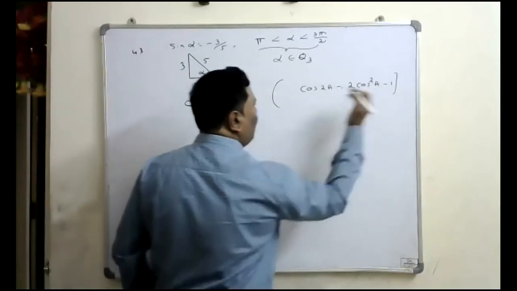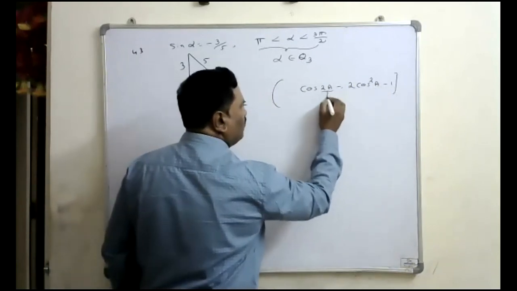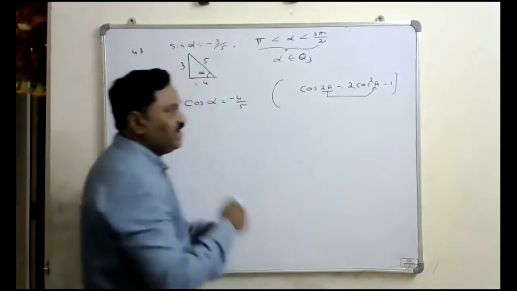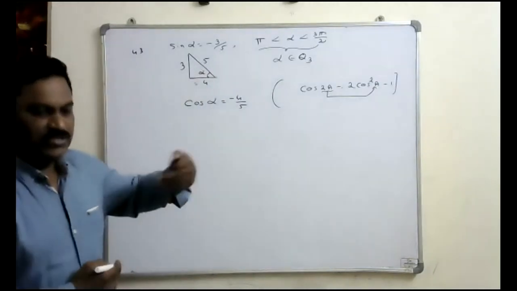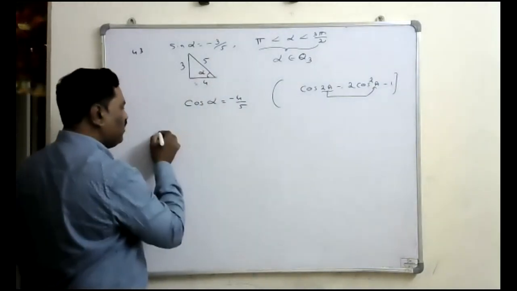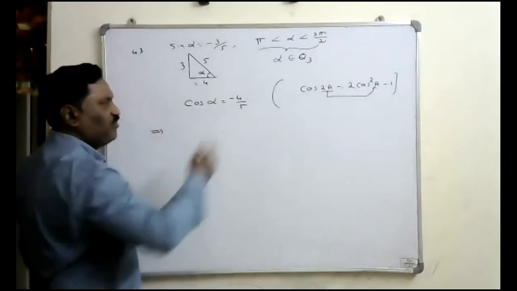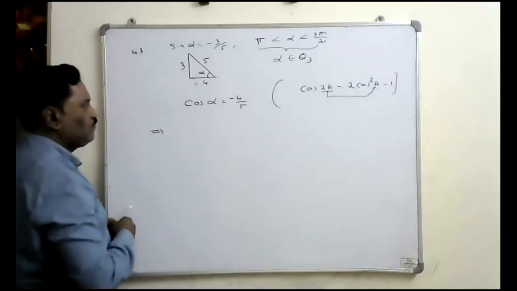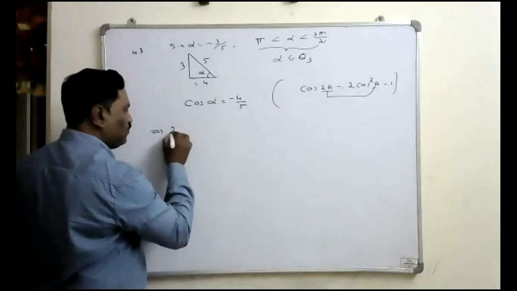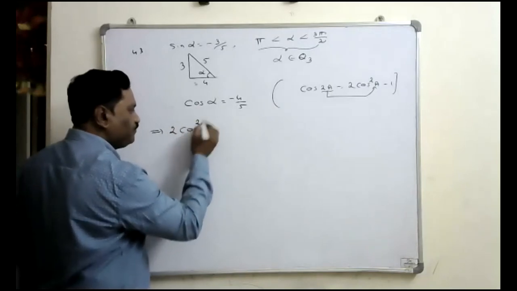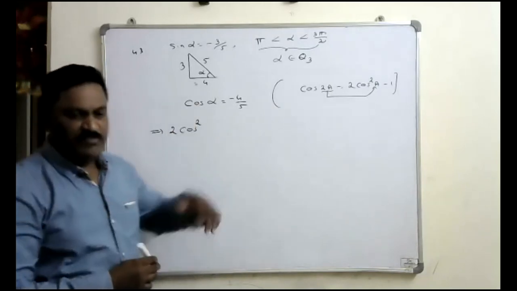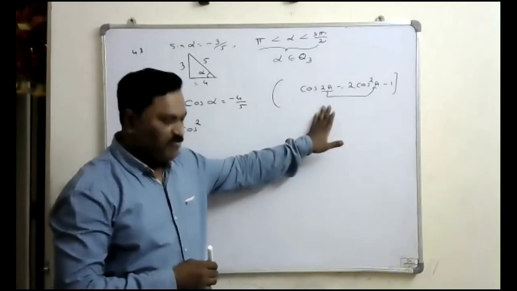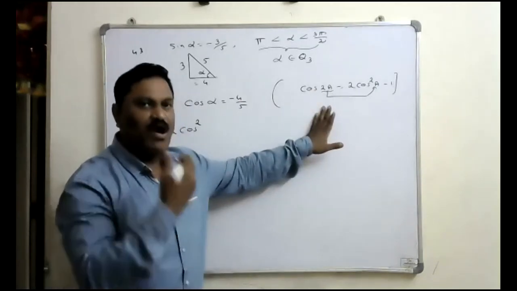Within the formula, whatever the angle is, we make it half. By using that formula, now tell me, how do you write cos alpha? Whatever the angle we are finding here, make it half.